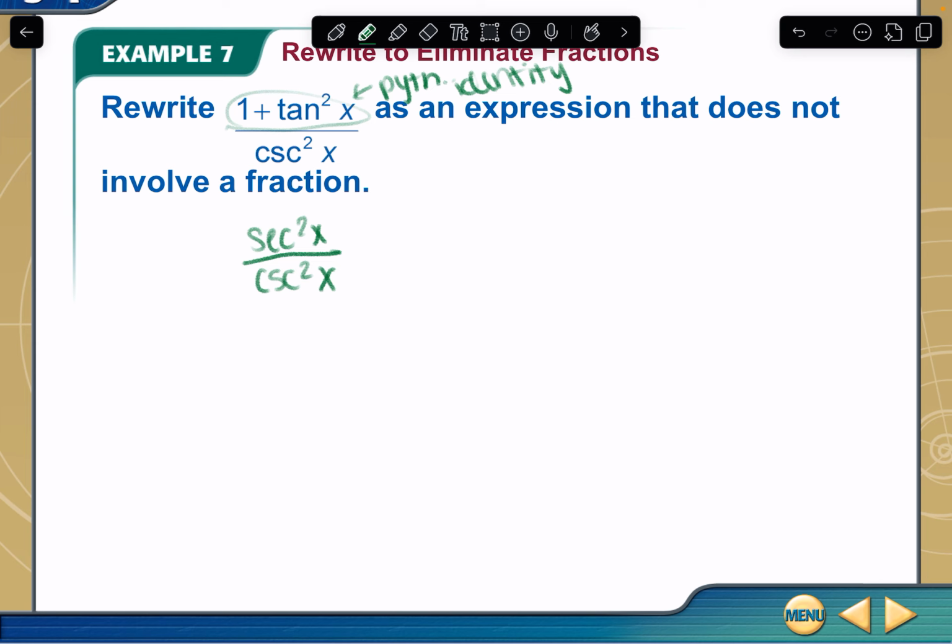So, looking at your reciprocal identities, secant is the reciprocal of cosine, and cosecant is the reciprocal of sine. Where that helps me is, and I know I'm about to make another fraction for a second, however, we will eventually get rid of the fraction.